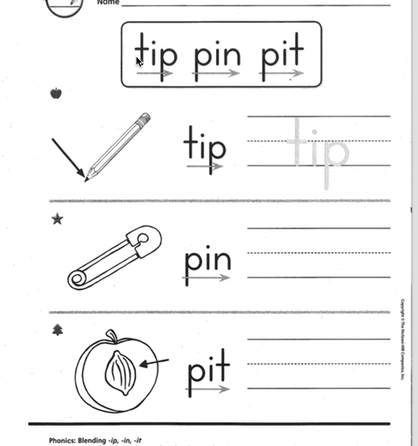After blending the sounds, then we'll write the word. Here they're pointing to the tip of the pencil. So let's blend that. T, I, p, tip, tip. So we're going to write tip here.